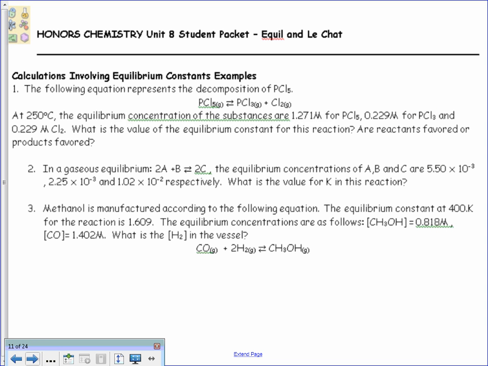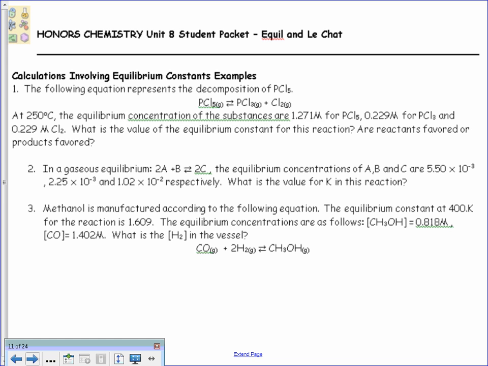This one's on your sheet, on the left-hand or right-hand side. Whenever something is at equilibrium, we know there are some products left and some reactants. Those are sometimes given to us in the problem. It's very helpful when it says the equilibrium concentration.